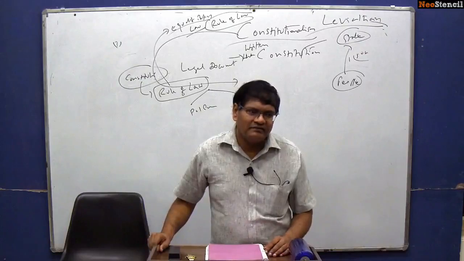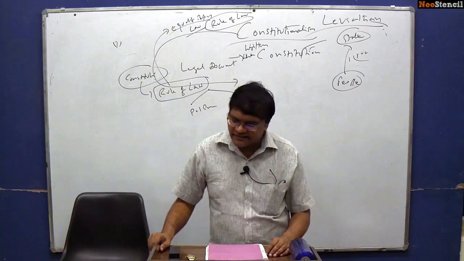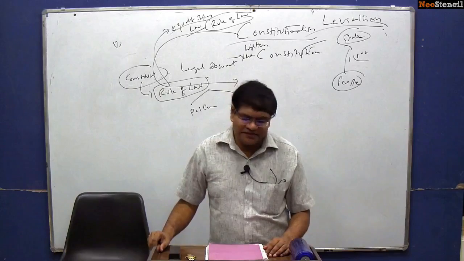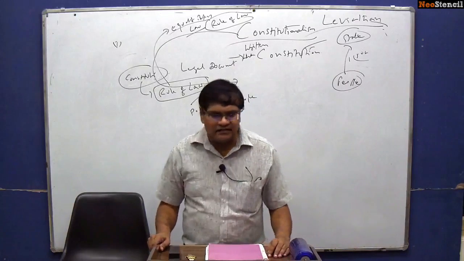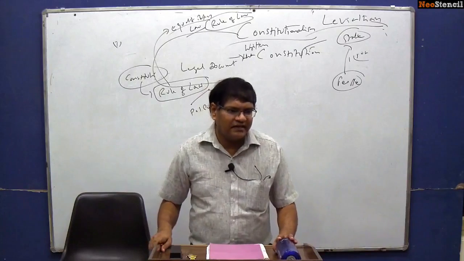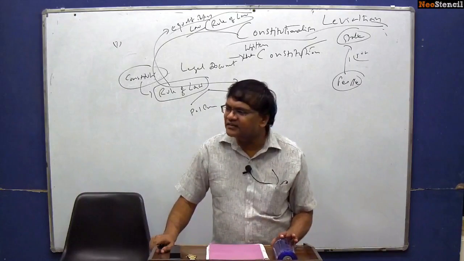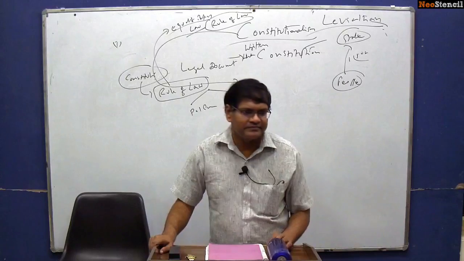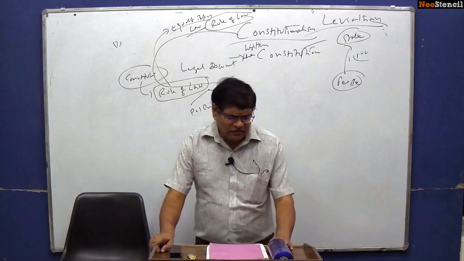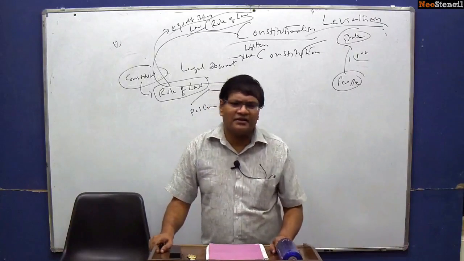This is what we say about constitutionalism. If all these features are present in the political and administrative systems of a country, we say that that country has constitutionalism. And when we talk about all these features, they are necessary but not sufficient.